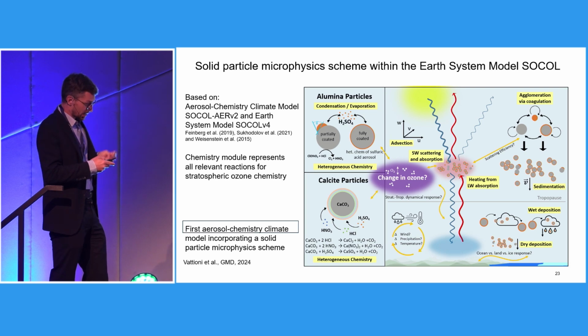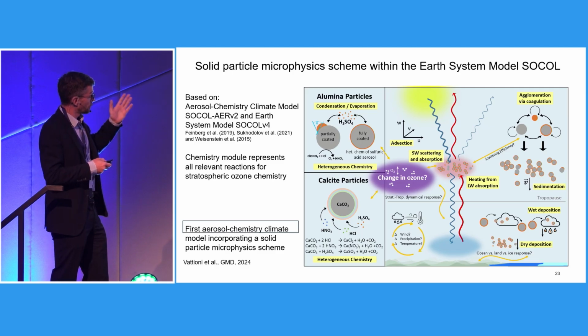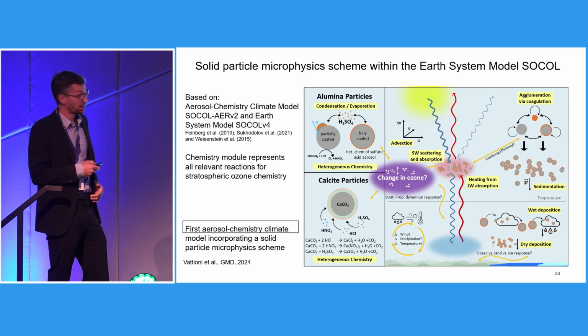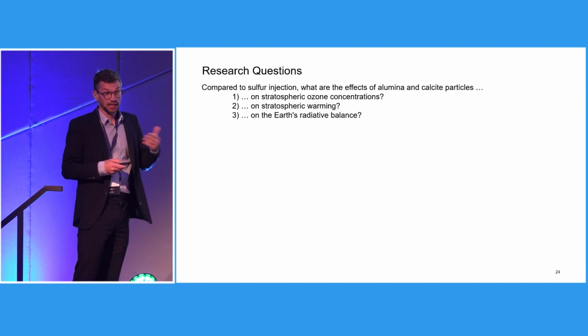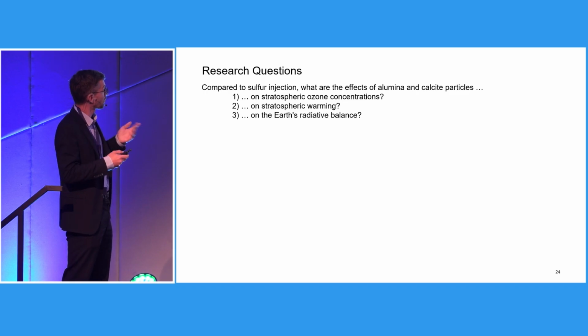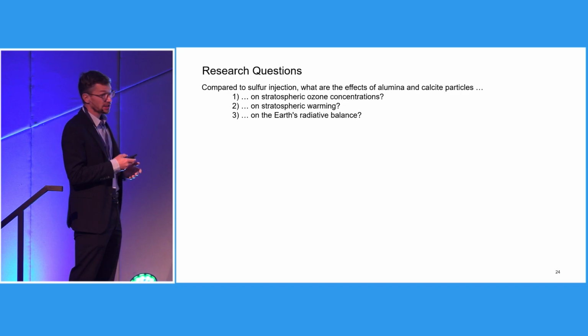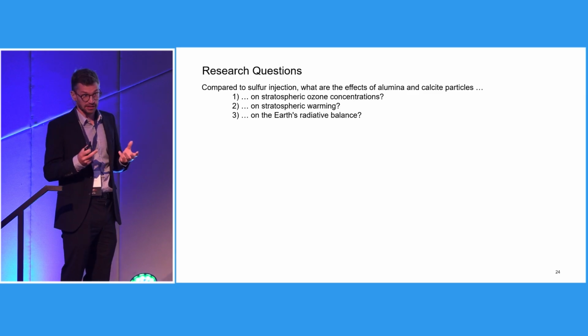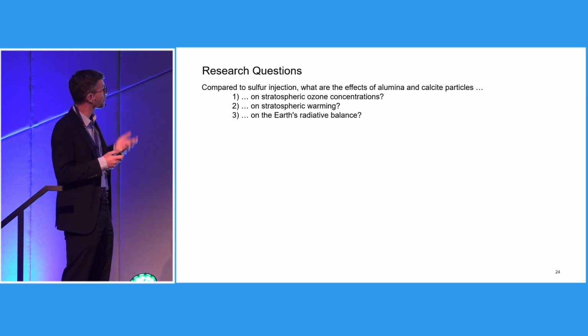And that's basically what we did in the last 4 or 5 years of research. We tried to address these uncertainties of all these processes to get a better understanding of the risks and benefits of solid particle SAI. So we mainly looked at alumina and calcite particles because some of the physicochemical properties are already known.